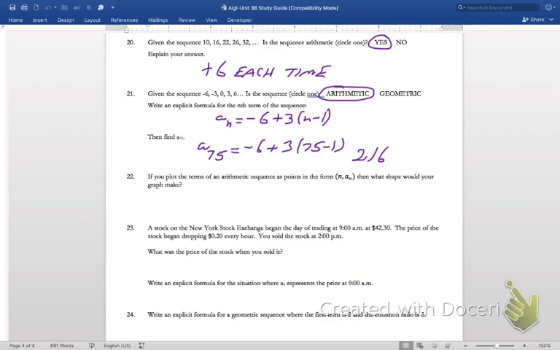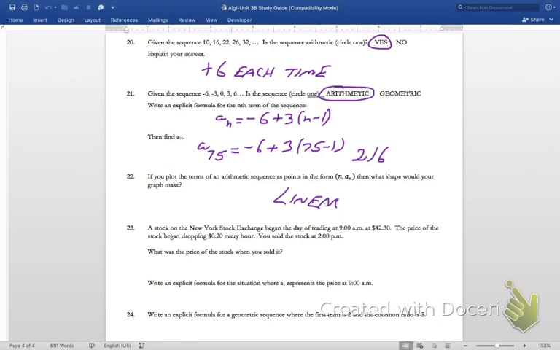22, if you plot an arithmetic sequence, what shape would your graph make? It's arithmetic, so this is going to be linear, or it's going to make a line. That's the shape. 23, a stock on the New York Stock Exchange began the day at 9 at 42.30. The price of the stock dropped 20 cents per hour and you sold it at 2. What's the price of the stock when you sold it?